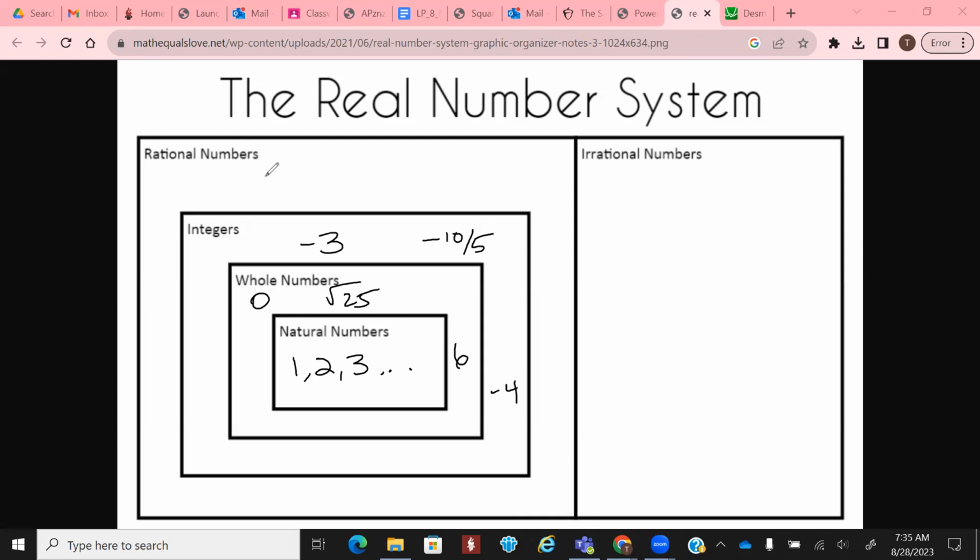And then your rational numbers are going to be like -2/3, 1/2, 5/8, 0.37, 0.75, 0.31 repeating. And then irrational is everything that isn't terminating.